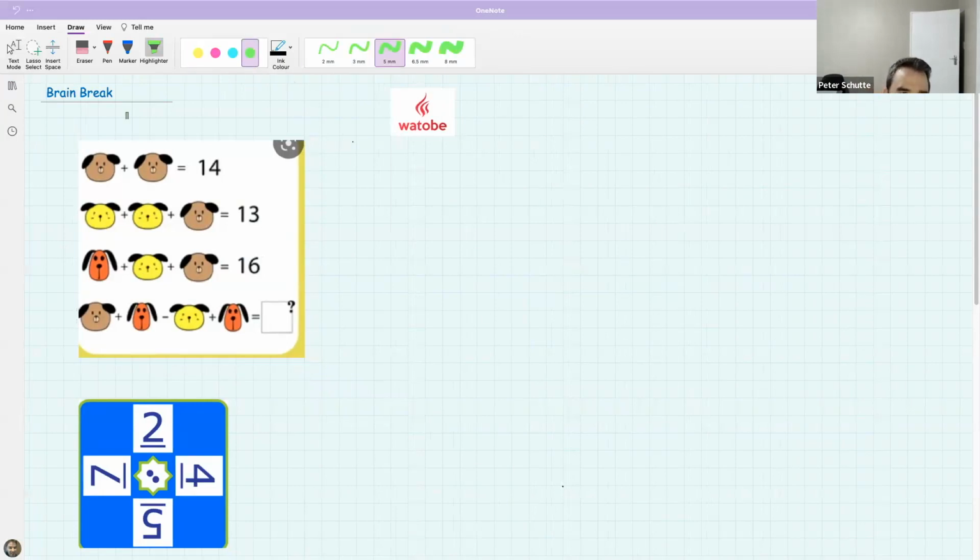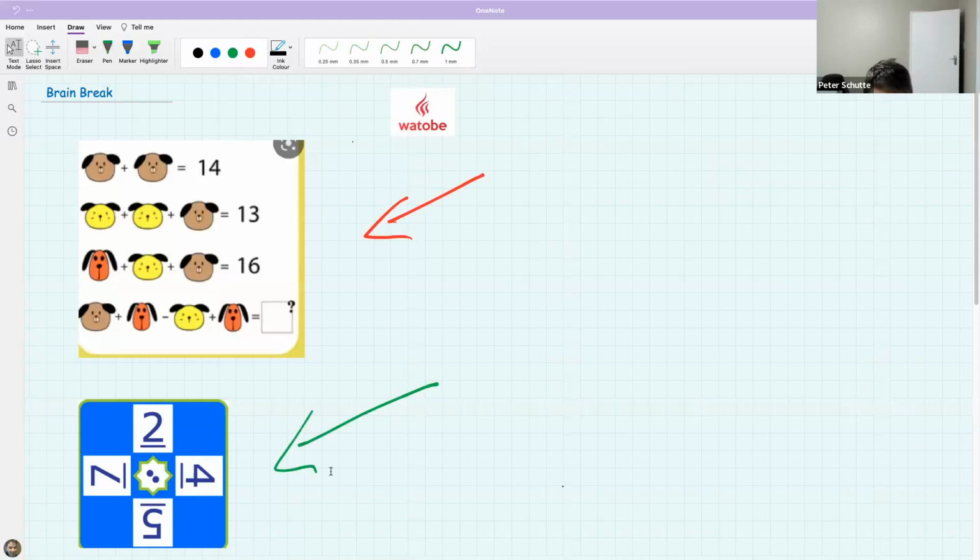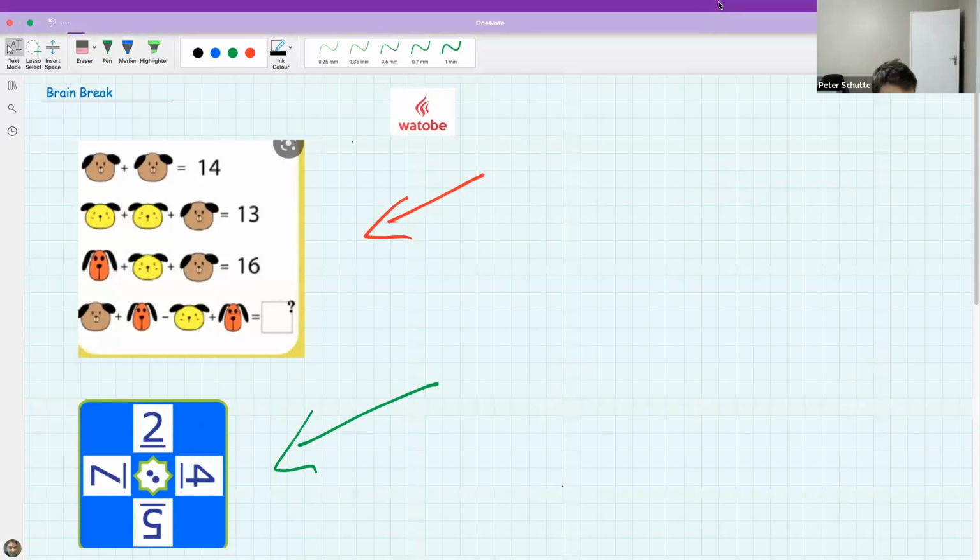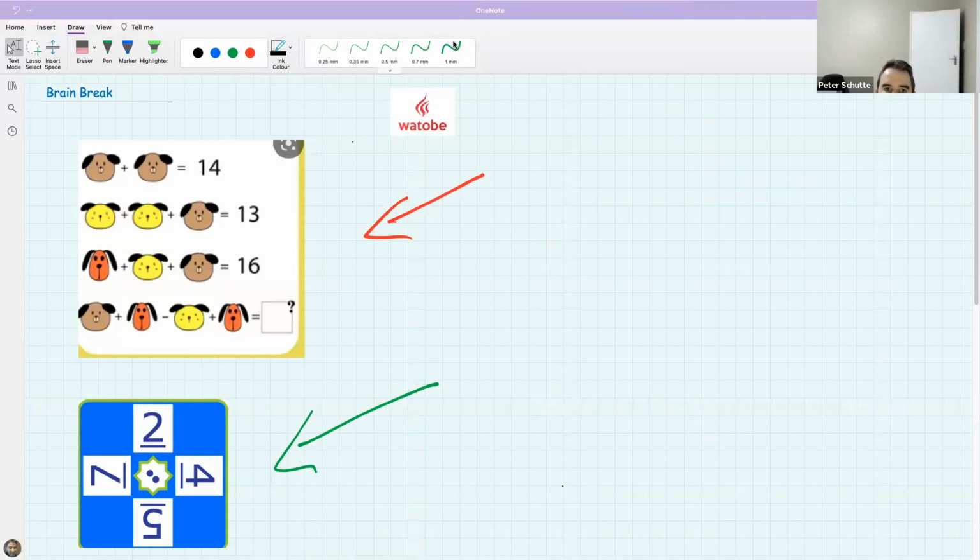You can either do this one for your brain break, or you can solve the maths 24 puzzle. Who feels like they can do it?